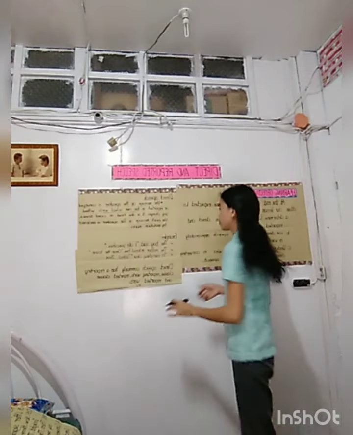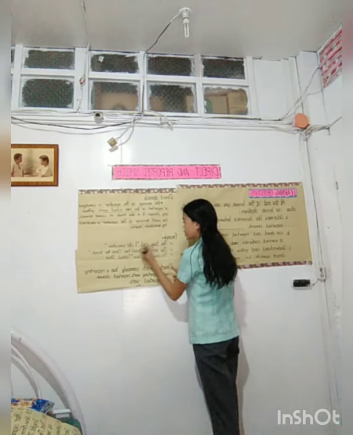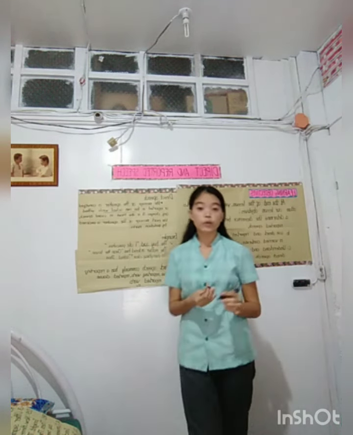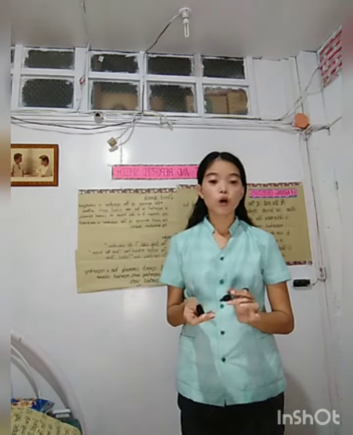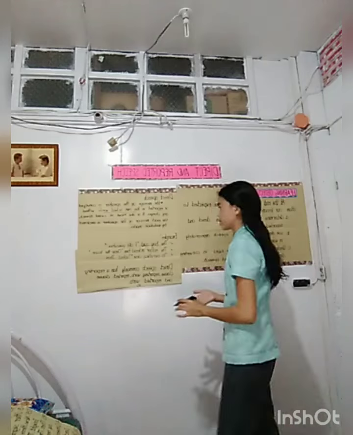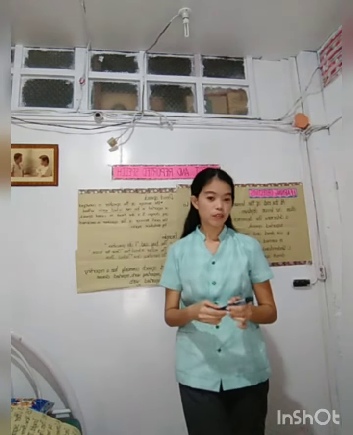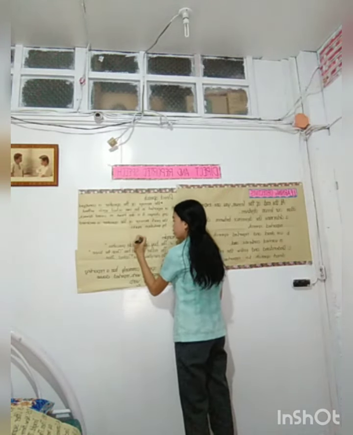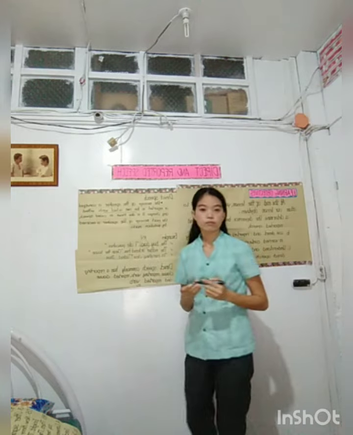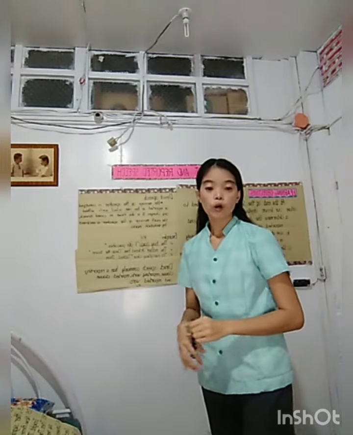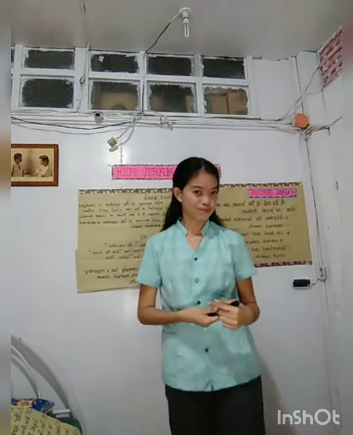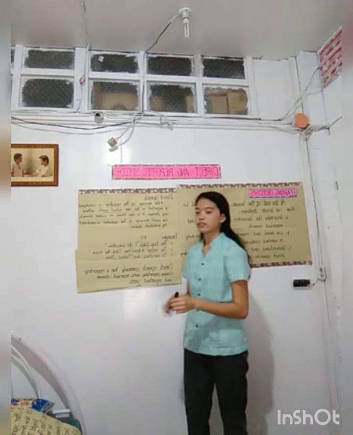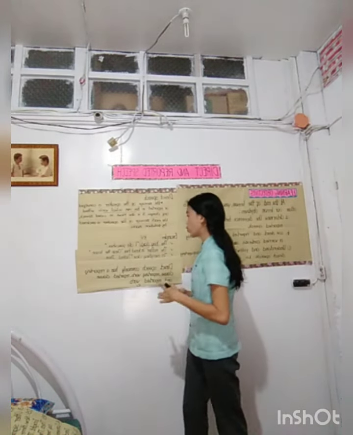Okay, the reporting clause in this sentence is the boy said. What is the reporting verb in the sentence? Okay, very good. The word said. So, again, what is the reported clause in the sentence? Okay, very good. The reported clause in the sentence is the word ate.